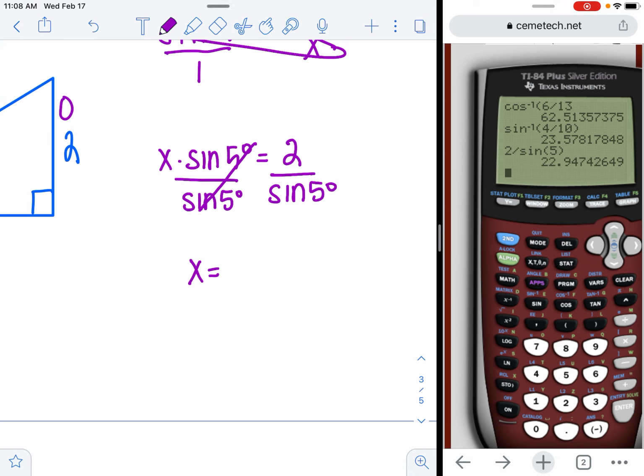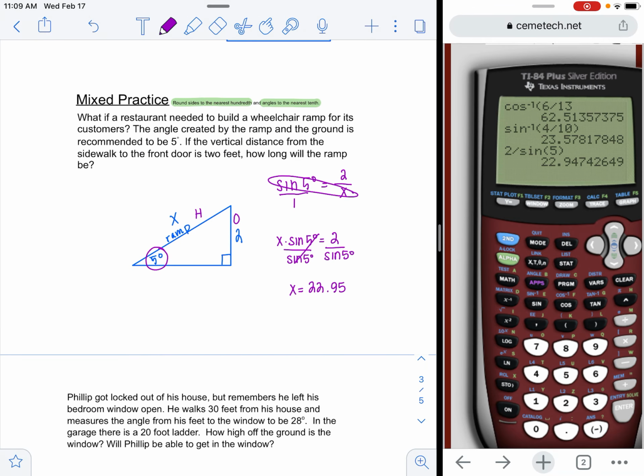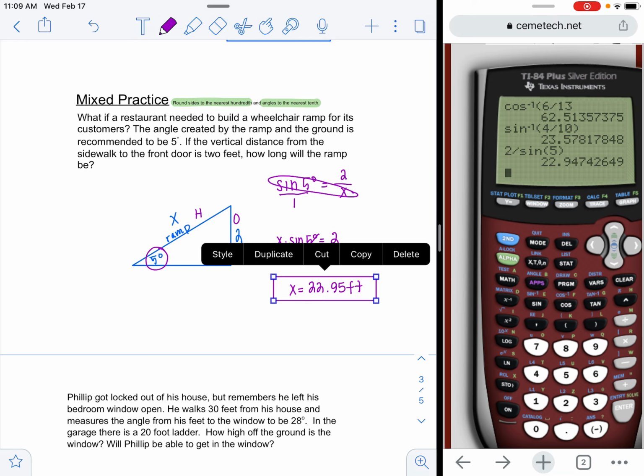And you have x equals, I type that in my calculator, 2 divided by sine of 5, close the parentheses, hit enter, and I get 22 point. Since this is a side, I'm rounding to the nearest hundredth, which is 2 decimal places. 95, and then I'm going to put units on it, which is feet.